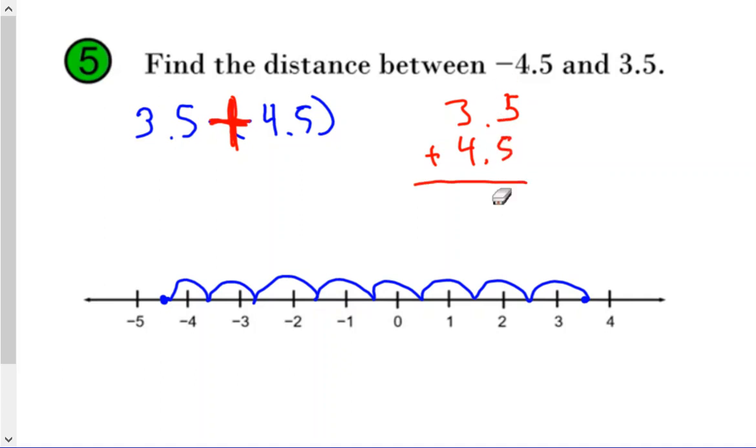And we can do the math. 5 plus 5 is 10. Put our 0, carry the 1, bring down our decimal. 1 plus 3 is 4. 4 plus 4 is 8. So again, that checks out as well. We can use a number line to find the answer, and we can do it mathematically.